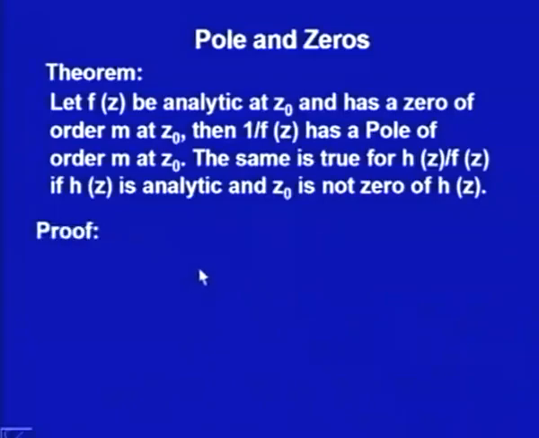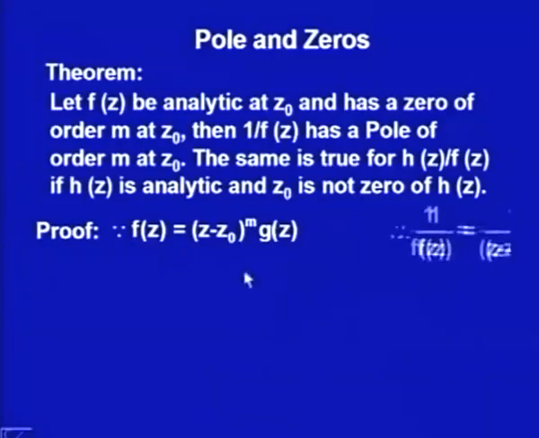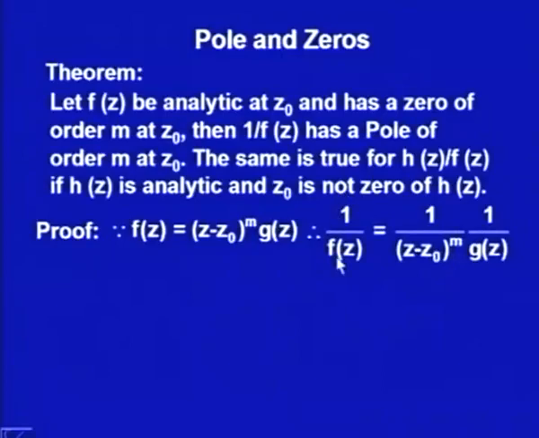Now the proof of this. Since f(z) has a 0 at z naught of order m, we could write f(z) as (z minus z naught) to the power m into g(z), where g(z) is an analytic function and g at z naught is not 0. So 1 upon f(z), I could write as 1 upon (z minus z naught) to the power m into 1 upon g(z).